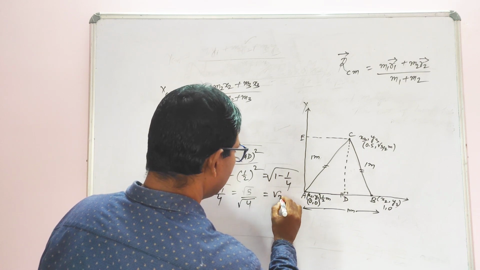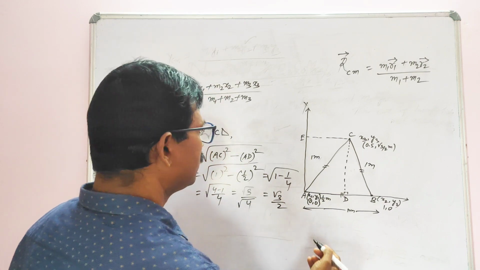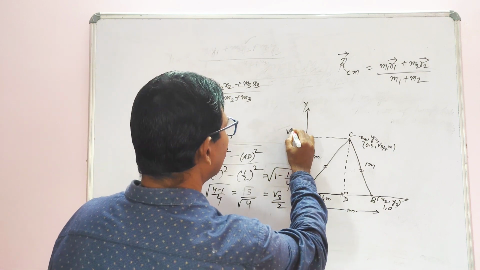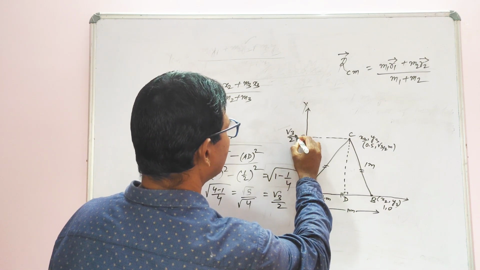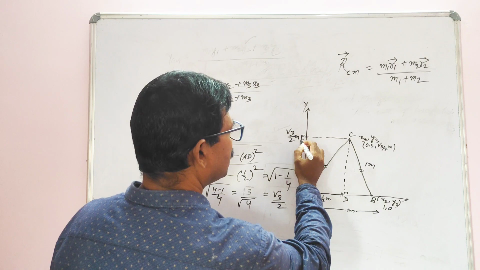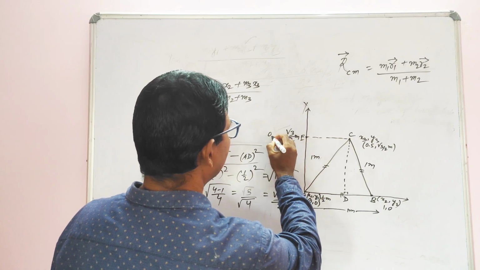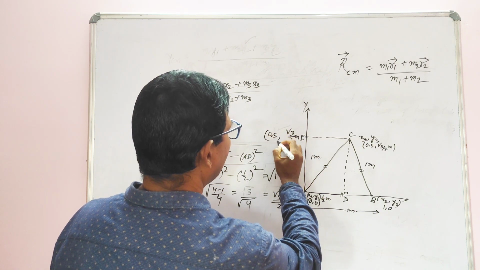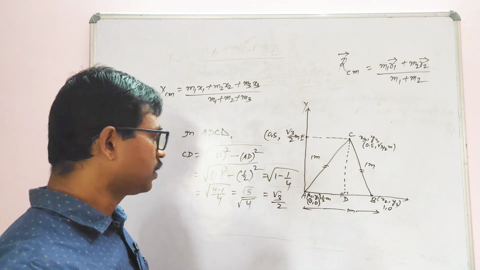So that means root 3 by 2 is the other coordinate. So one is 0.5, another is root 3 by 2 meter.